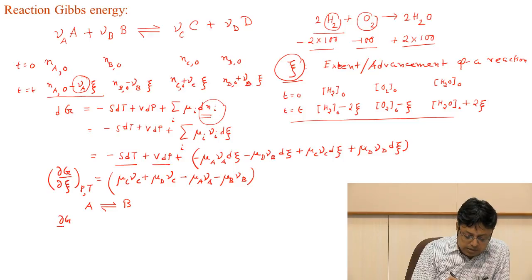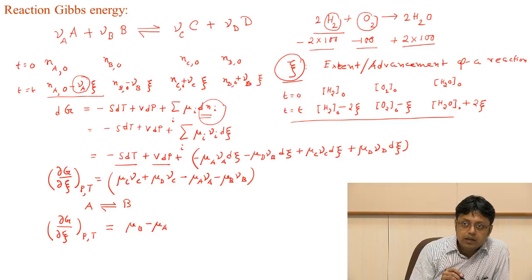Then del G del xi at constant pressure and temperature will be nothing but mu B minus mu A. You can easily figure that out. So I'm taking the difference between the Gibbs free energies of the product and the reactant.